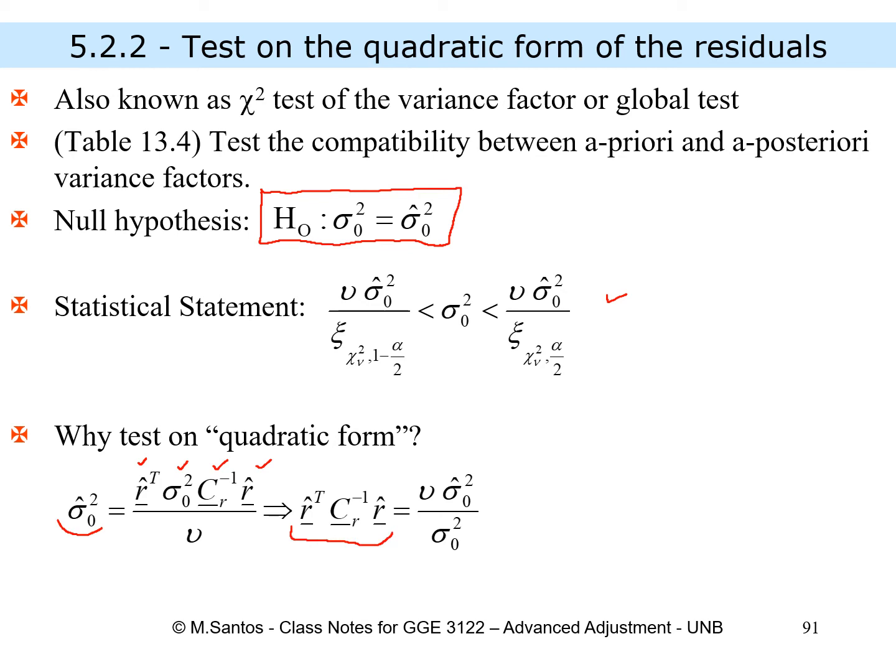It is going to be nu, which is here, multiplying sigma hat naught squared, the a posteriori variance factor, divided by the a priori variance factor. Okay, so this is basically the statistic. So this statistic is indeed the quadratic form.